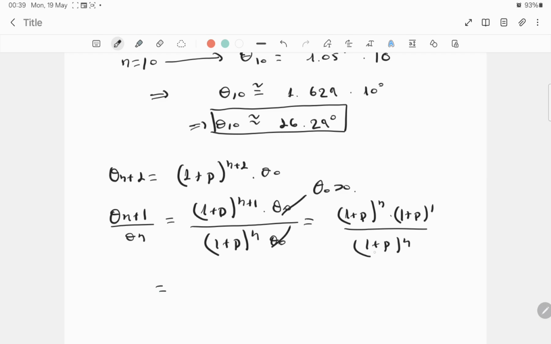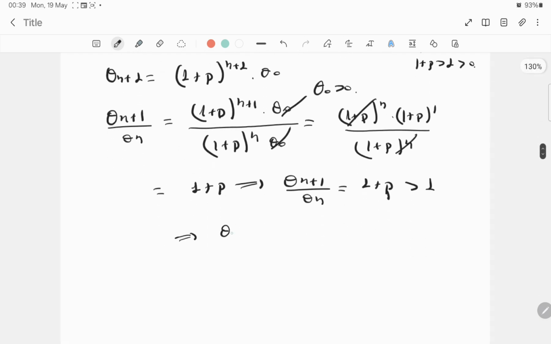And then I can simplify this safely, because p is strictly bigger than 0, so 1 plus p is bigger than 1, which is bigger than 0. I can simplify this and I have 1 plus p. So theta n plus 1 over theta n equals 1 plus p. P is between 0 and 1, so this is going to be bigger than 1.